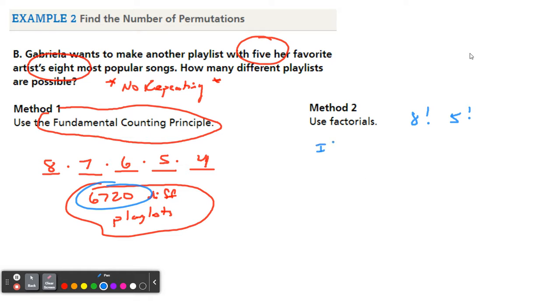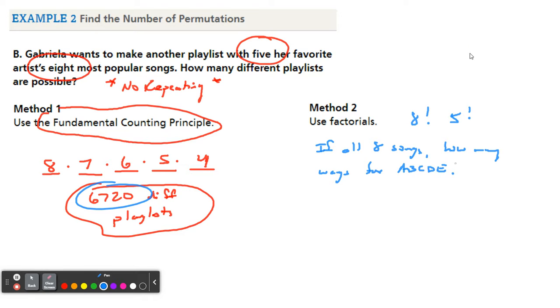So if we have all 8 songs, how many ways can A, B, C, D, E show up? Let's say we play all 8 songs. How many ways for A, B, C, D, E to show up?